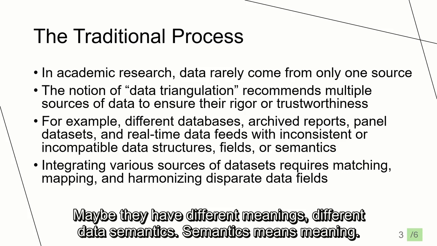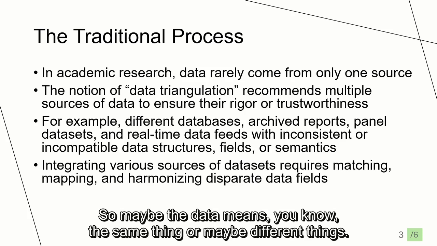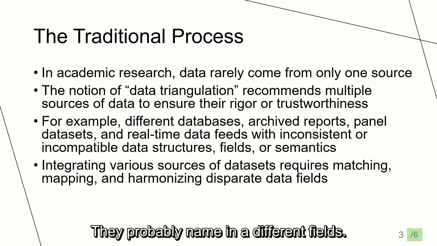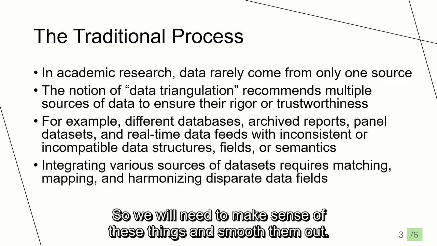Semantics means meaning. Maybe the data means the same thing or maybe different things, and they probably name it in different fields. So we need to make sense of these things and smooth this out.